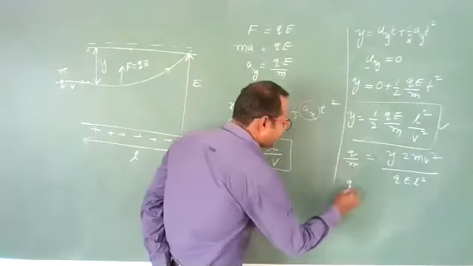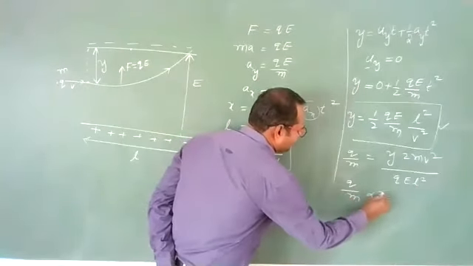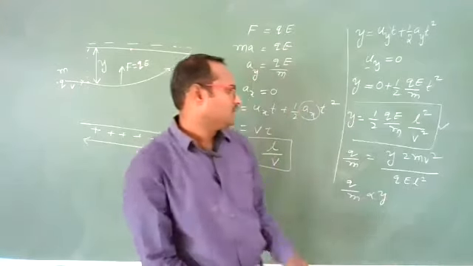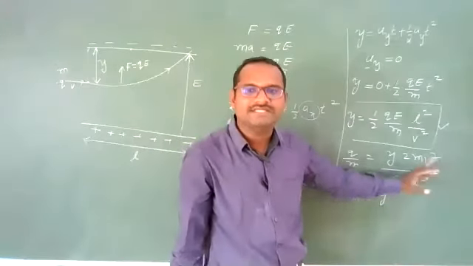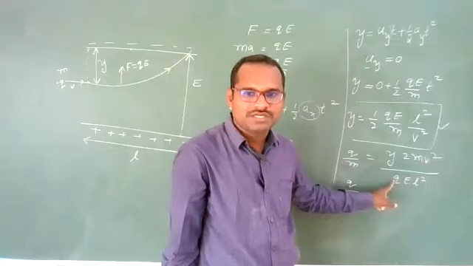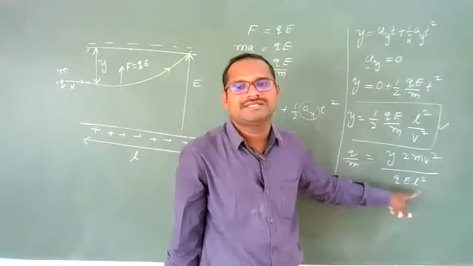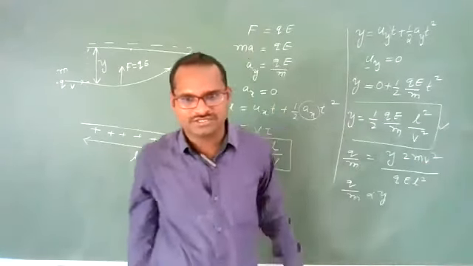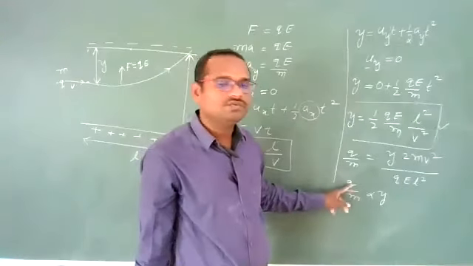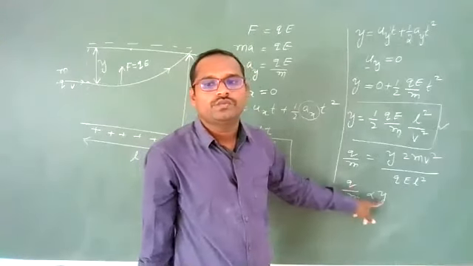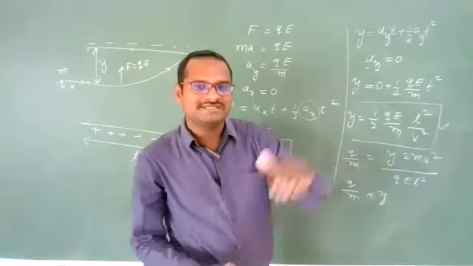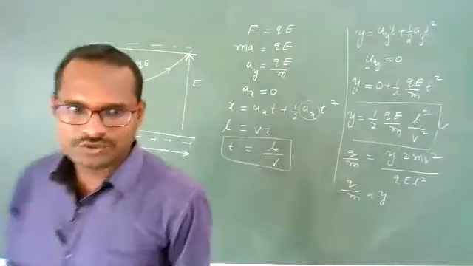Now, this Q by M depends upon y only. Mass constant, velocity, let us imagine constant, Q constant, electric field constant, length of this electric field also constant. If we keep that, charge per unit mass ratio depends upon how much deflection it is getting. Okay, you remember that point.